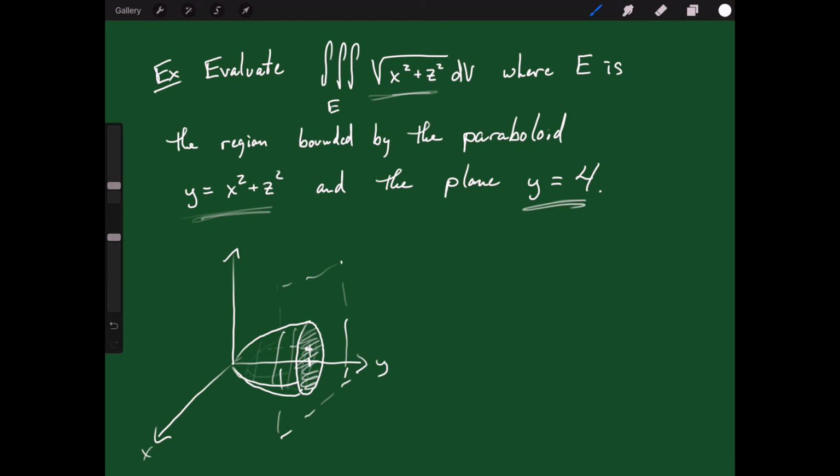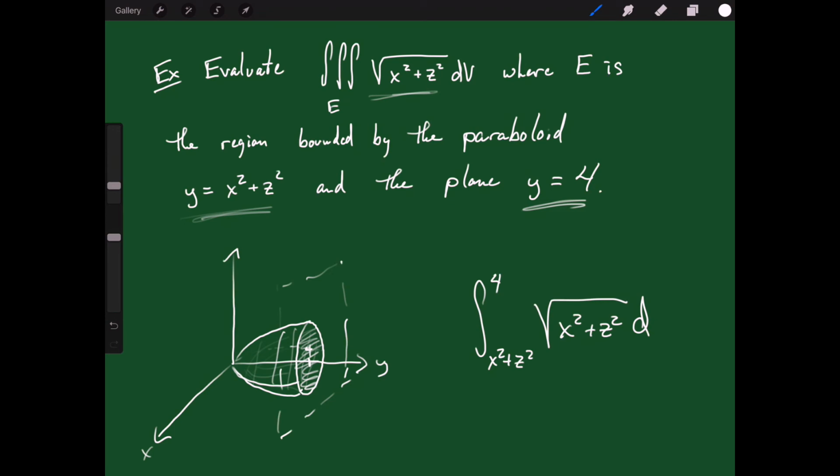It's the paraboloid. So when I'm setting this up, the first thing I see is I want to integrate from the bottom surface, which is x squared plus z squared, or the paraboloid, to the top surface, which is y equals 4, of this function, square root of x squared plus z squared, d, well, what direction is that in?